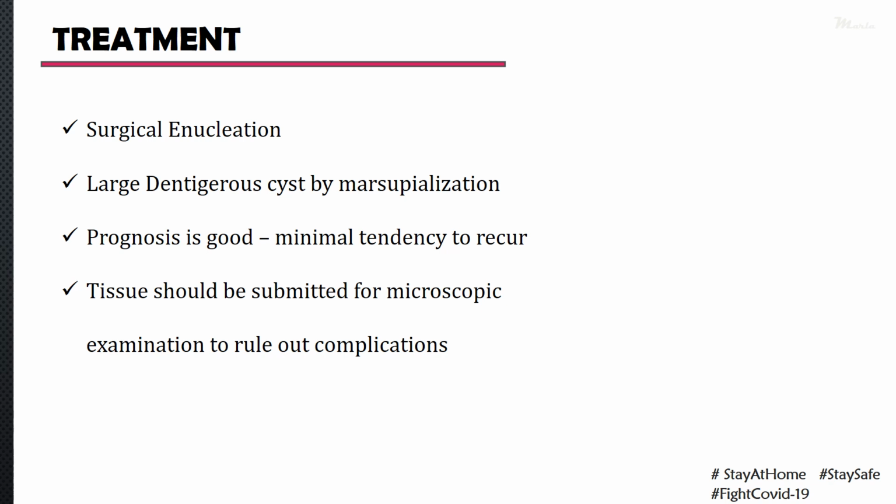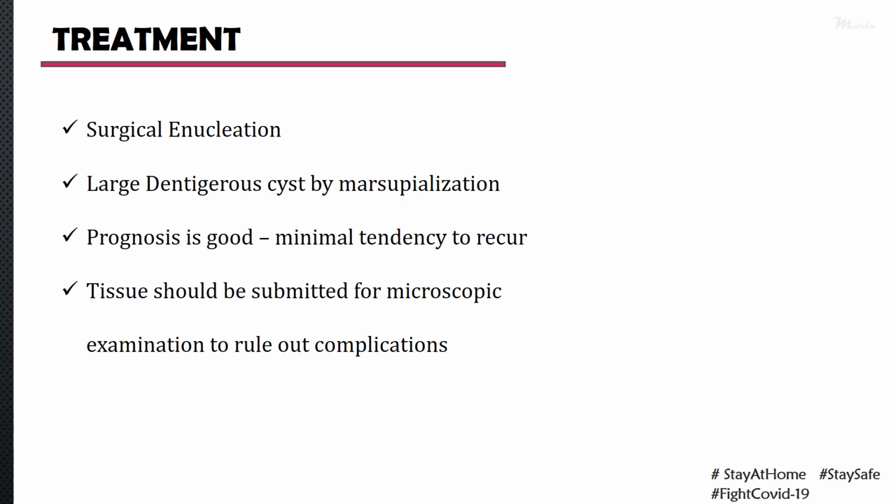So, following the diagnosis of dentigerous cyst, it is required to be treated. The dentigerous cyst is removed by means of surgical enucleation. It should be noted here that the associated impacted or unerupted tooth is also extracted along with the cystic enucleation.